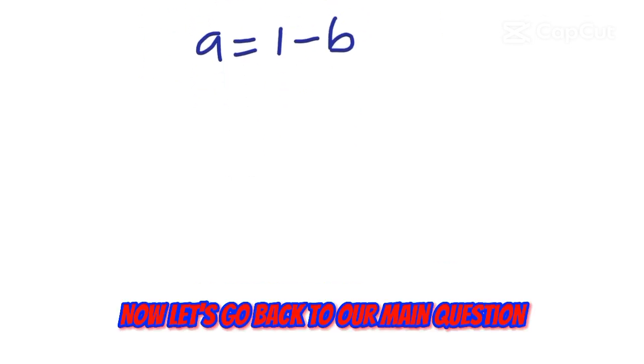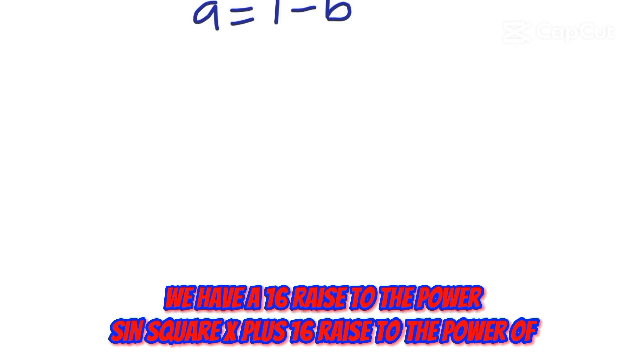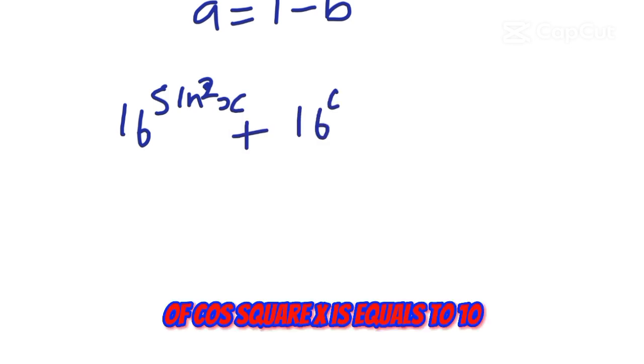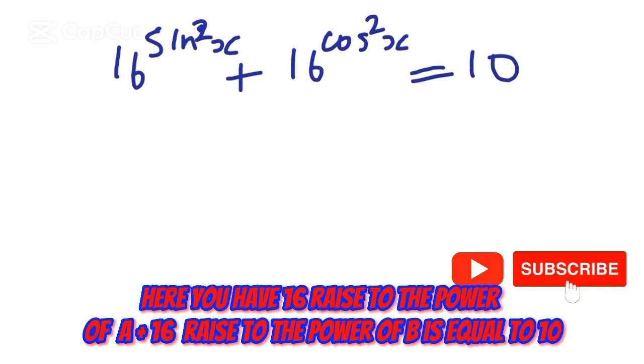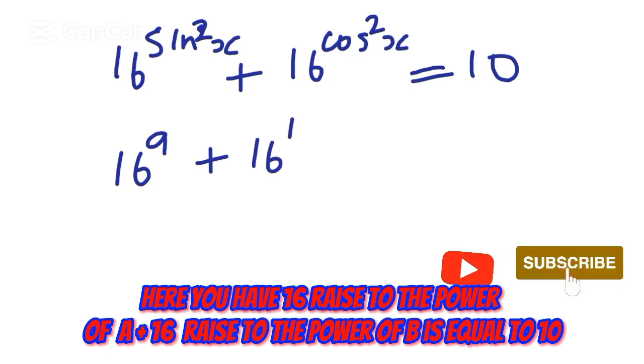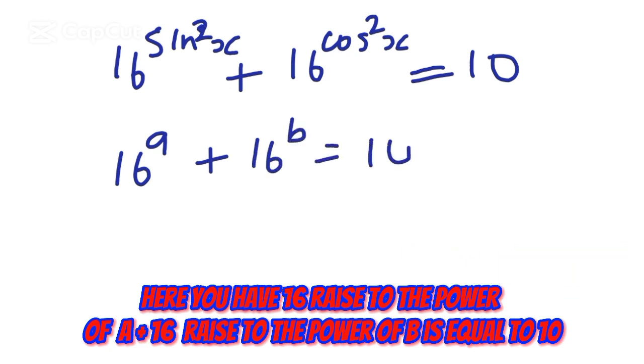Now, let's go back to our main question. Here we have that 16 raised to the power of sine square x plus 16 raised to the power of cos square x is equal to 10. Now, when we substitute our a and b here, you have 16 raised to the power of a plus 16 raised to the power of b is equal to 10.